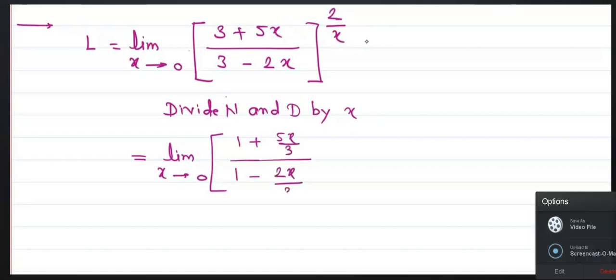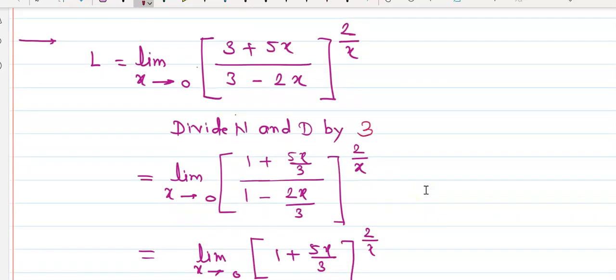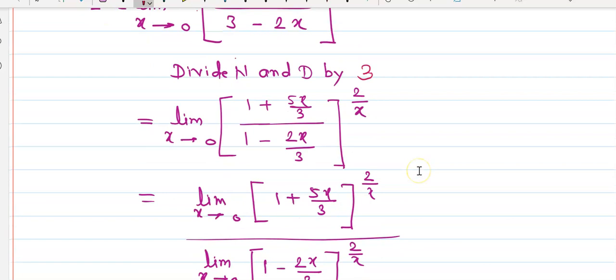By mistake I have written by x, but it must be divide the numerator and the denominator by 3. Therefore, you will get limit x tends to 0, ((1 plus 5x upon 3) upon (1 minus 2x upon 3)) whole bracket raised to 2 upon x.